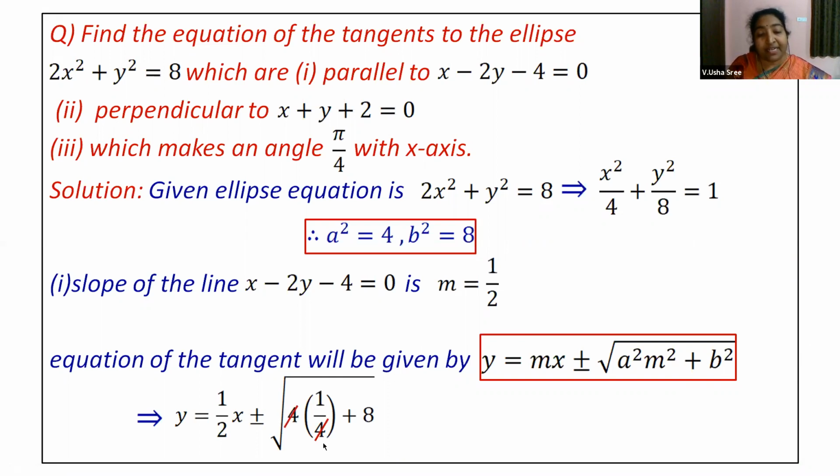Then you will have 1 plus 8, which is 9 under root. 9 under root is 3. So you have y is equal to half into x plus or minus 3. Now on simplification, you will have x minus 2y plus or minus 6 is equal to 0. This is the required tangents equation. Tangents, why? You have plus or minus, so two equations, one with plus and one with minus.